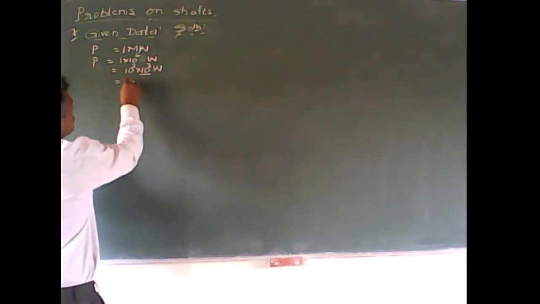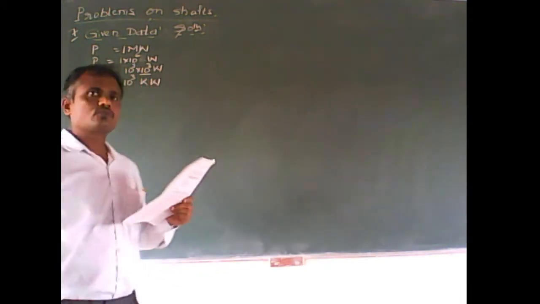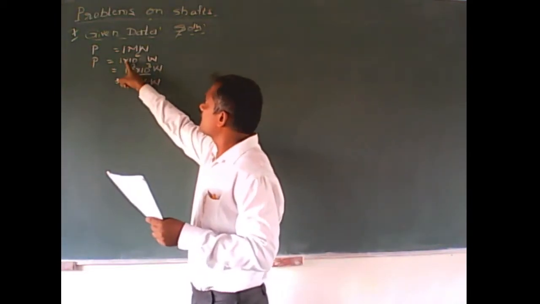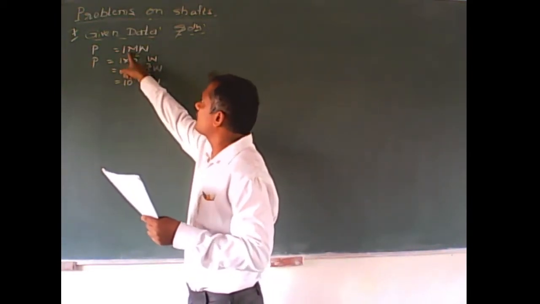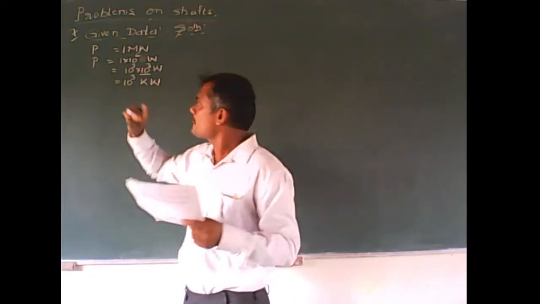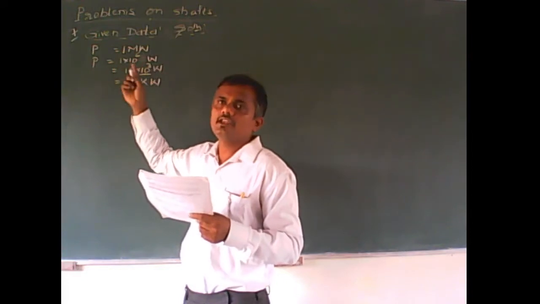Here, this 10 raised to 3 becomes kilo. Therefore, I would like to consider 10 raised to 6 watts, or 1 megawatt. So 1 megawatt can be written as 10 raised to 3 kilowatt.